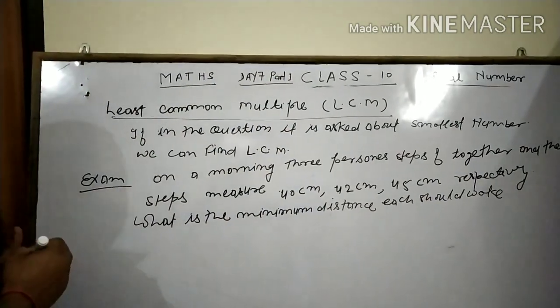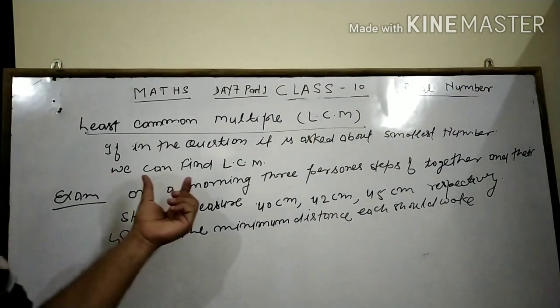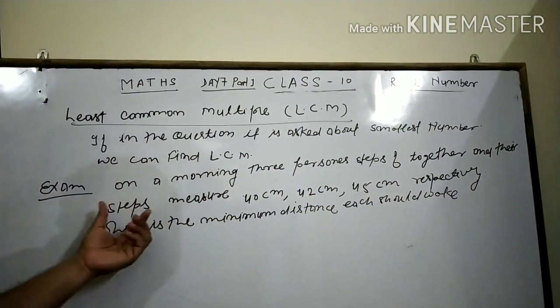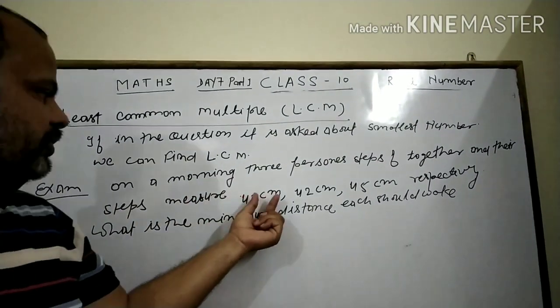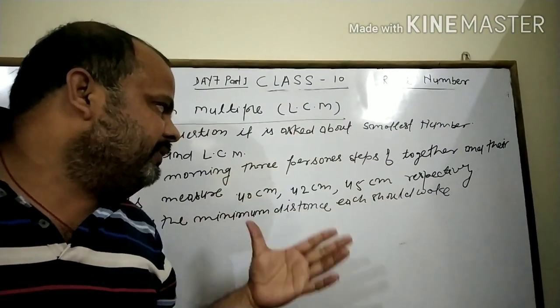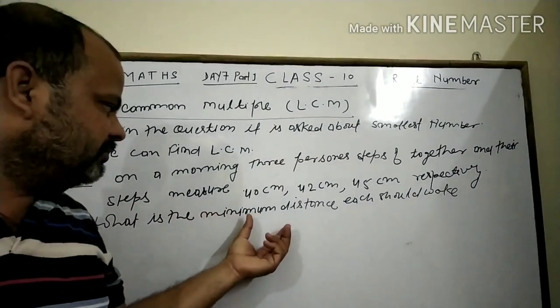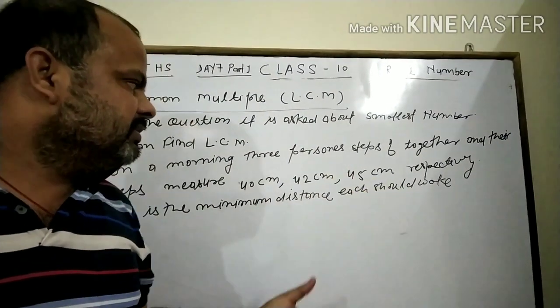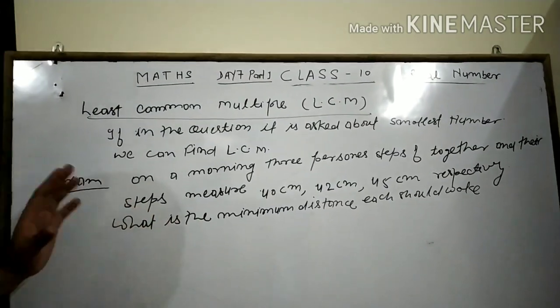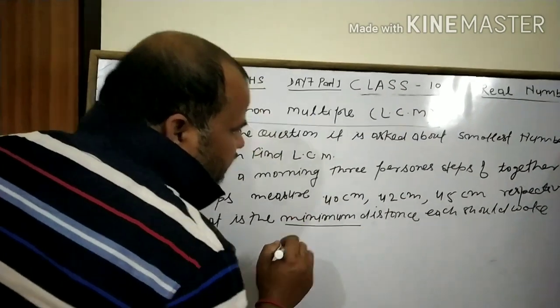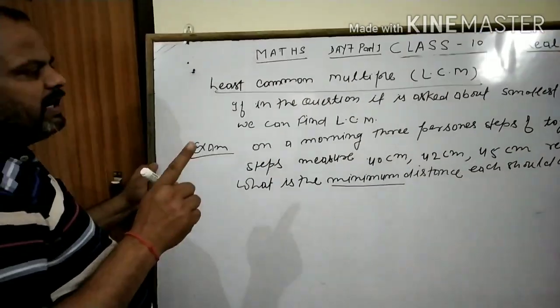In the question it is given that on a morning walk 3 persons step together and their steps measure 40 centimeter, 42 centimeter, 45 centimeter respectively. Then what is the minimum distance each should walk? Clear? In the question it is given minimum, and you know that minimum means smallest.